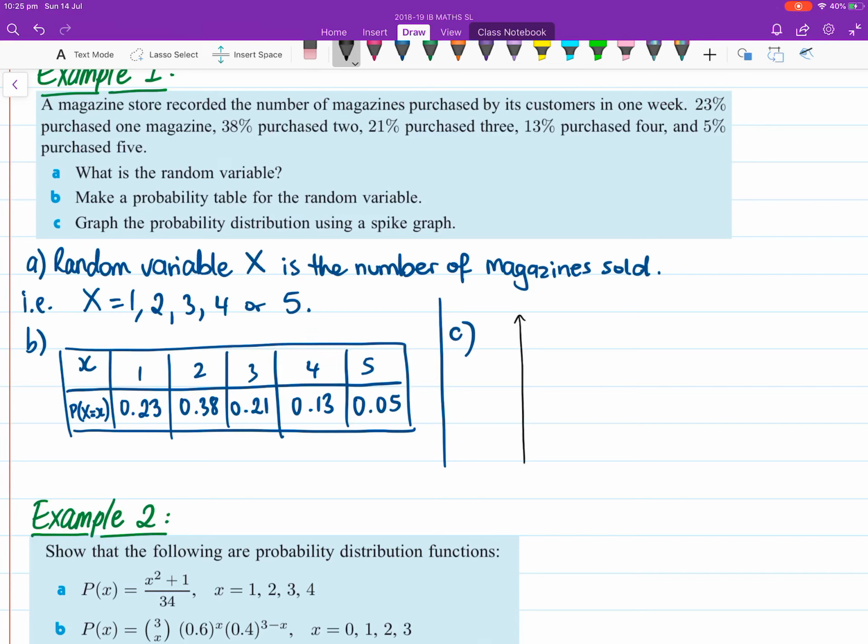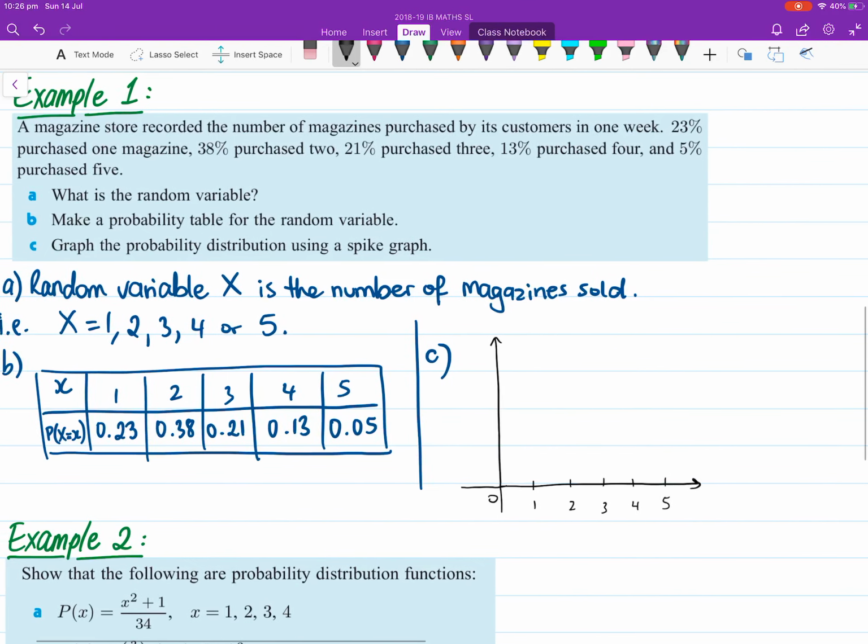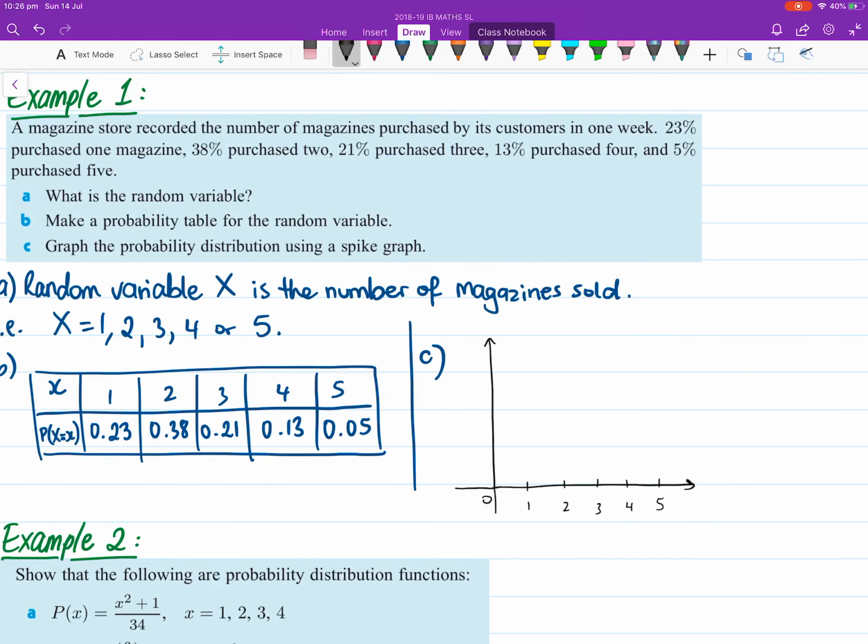So a spike graph was kind of like a column graph, except it was just a straight line going up. So along your x-axis, we're going to have 0, 1, 2, 3, 4, 5, the actual sample space, right? Okay.